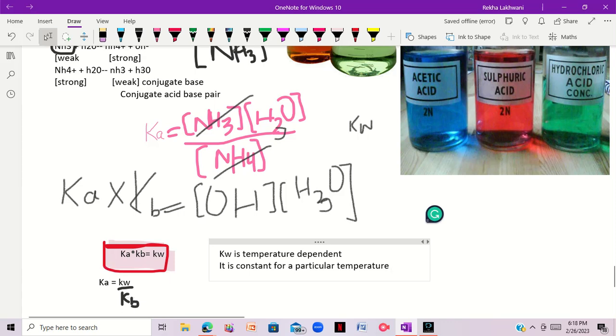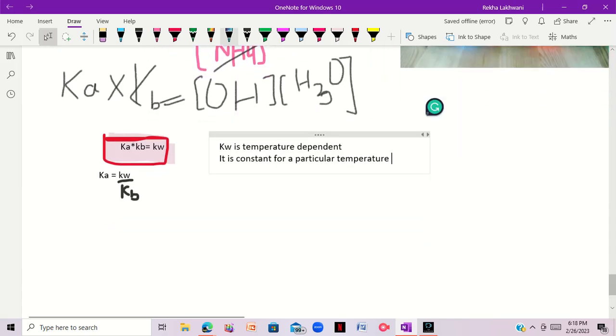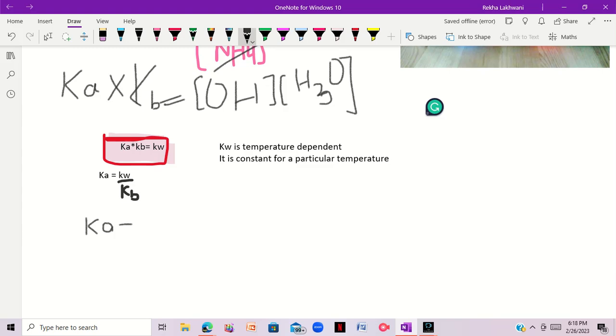So it means Ka is equal to 1 upon Kb, right? So when we reduce this equal sign, we get a proportionality sign, Ka is inversely proportional to Kb.